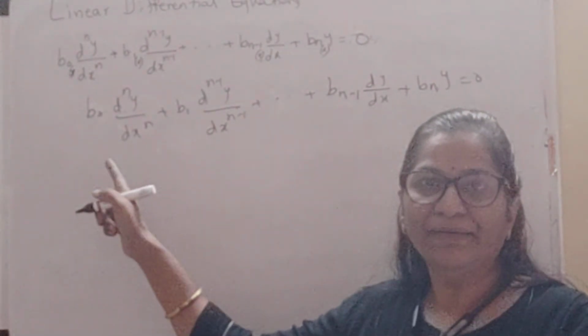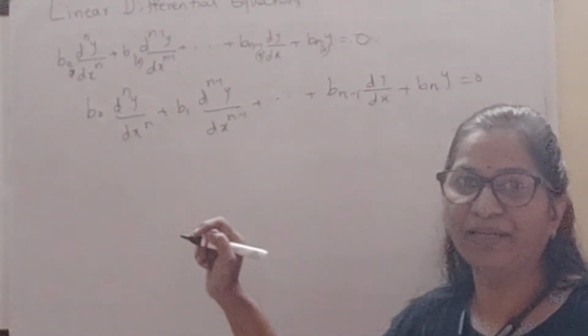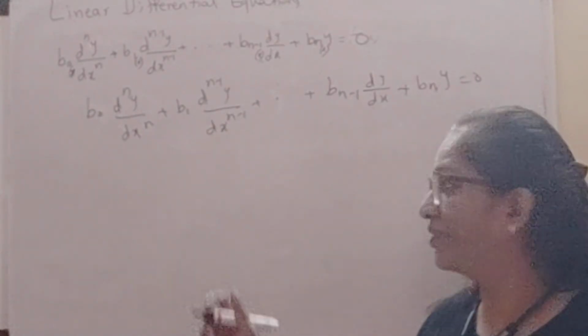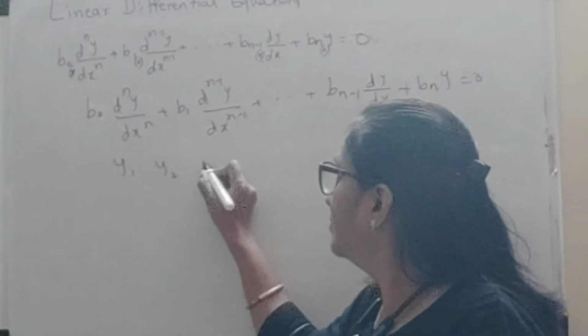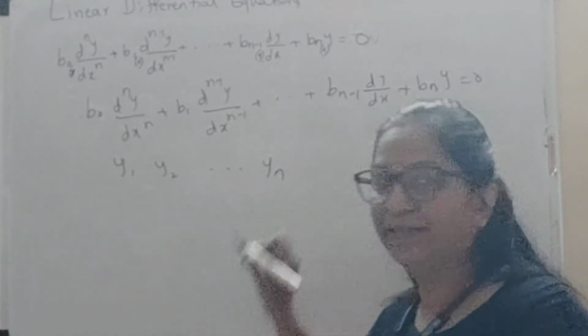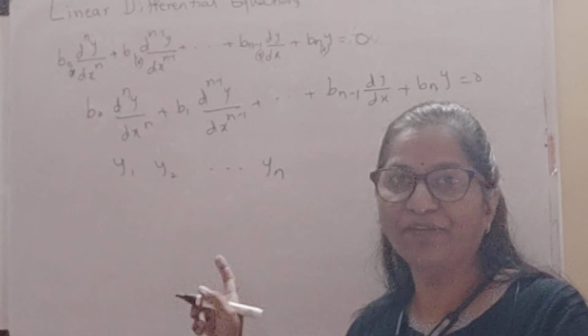Then what is the maximum number of solutions possible? Obviously, n solutions are possible. So, I will call those solutions y1, y2 and so on up to yn. These are the maximum number of solutions.